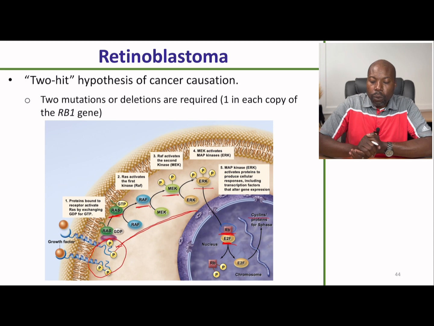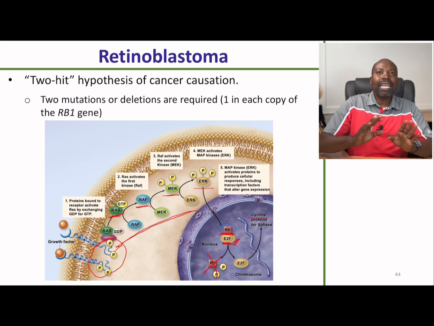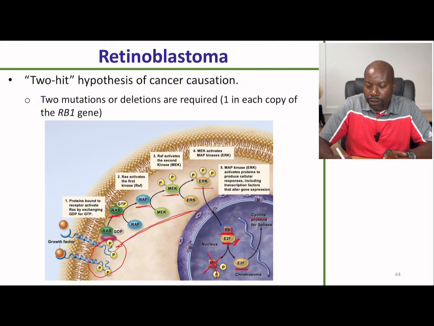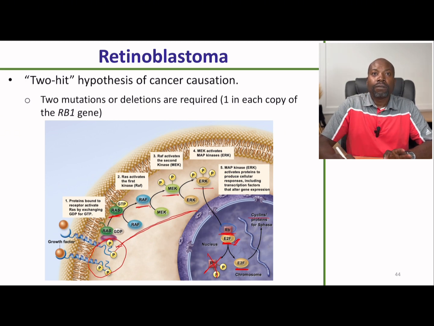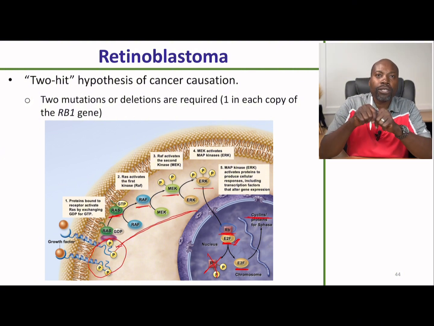So now, when RB is inactivated, E2F is going to be left alone. And when E2F is left alone, E2F is going to cause expression of some genes that are going to lead to the production of proteins called cyclins that are very important to trigger cell division.